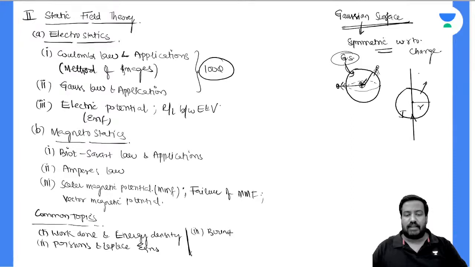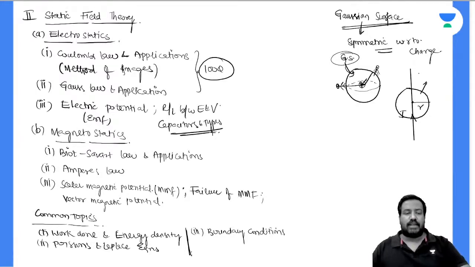We derived boundary conditions, dielectric boundary conditions defined for both electrostatic and magnetostatic fields. In electrostatics we defined capacitors and types and some beautiful problems on this. And here we defined inductors and types and some beautiful problems here also. So overall, wonderful concepts explained in static field theory.